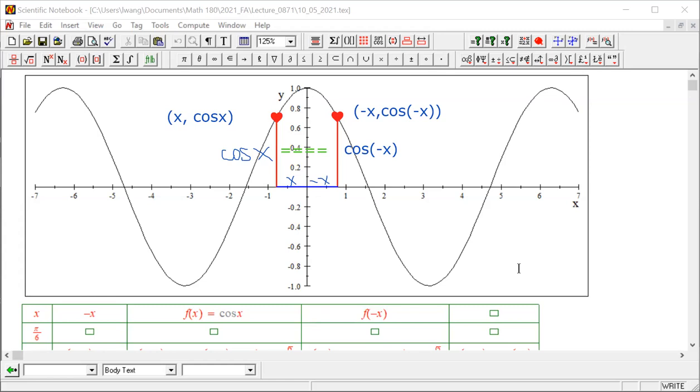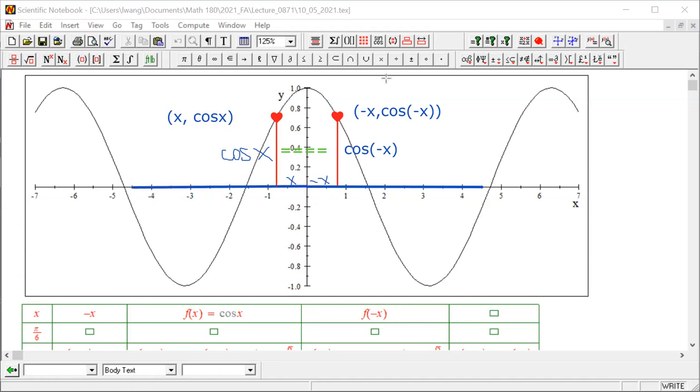So that's the feature of an even function. And this is true everywhere. So suppose you say, I'm going to have another input. This input is going to be x over here, and the opposite of x is going to be over there.